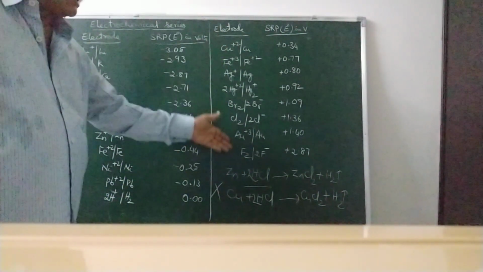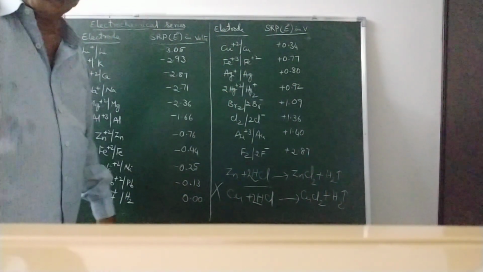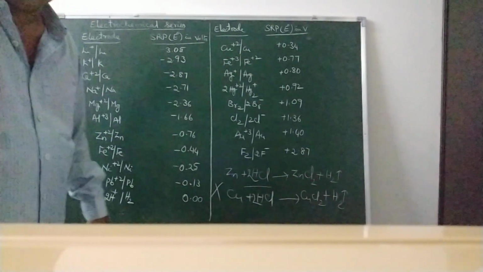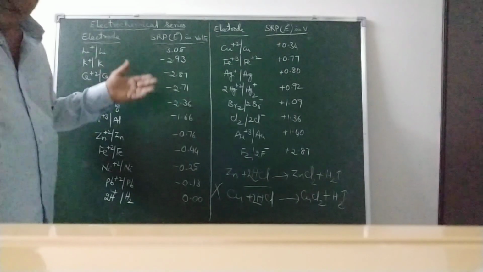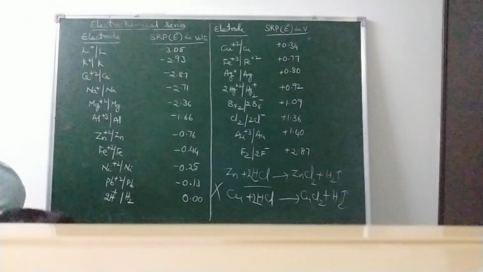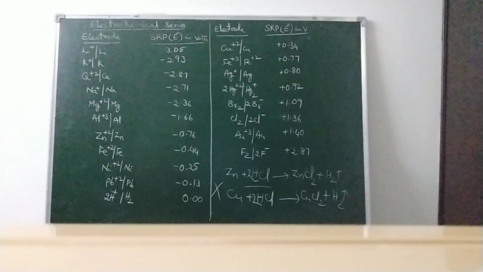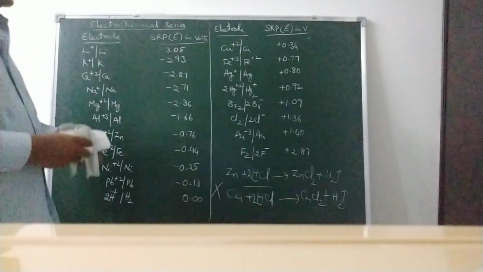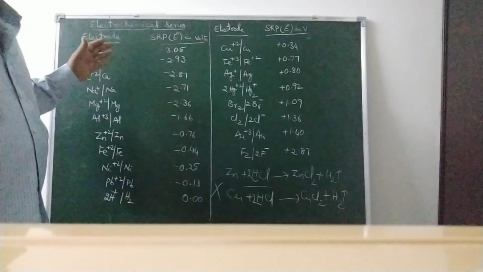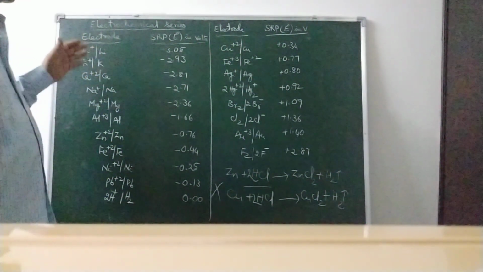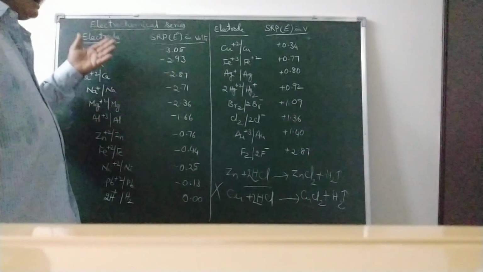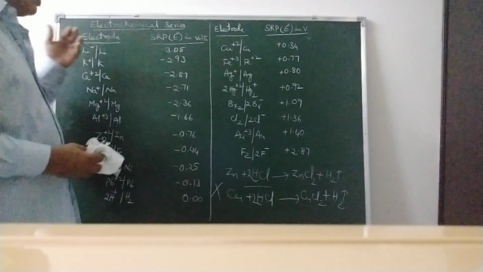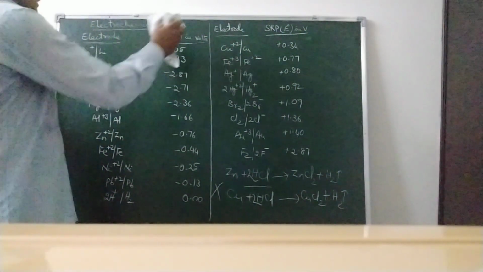So all these electrodes cannot liberate hydrogen from acids. So this is the information given by the electrochemical series. This is an important concept to keep in mind. 25% of chemistry can be explained if this electrochemical series is known, right?